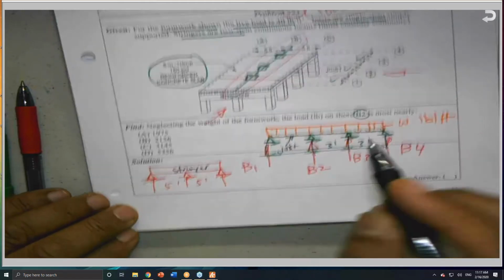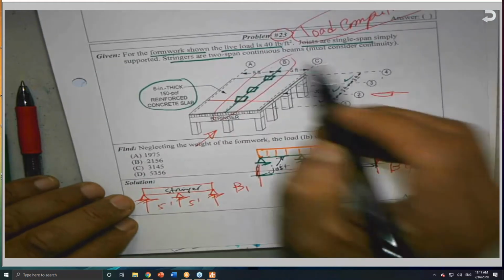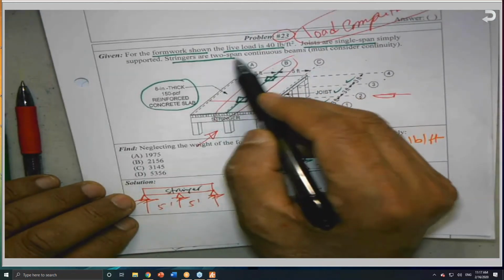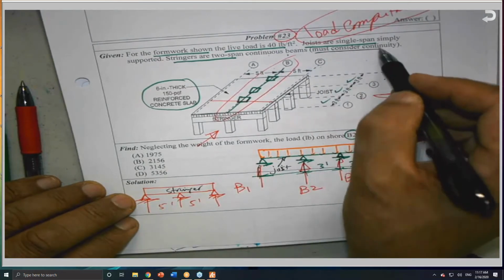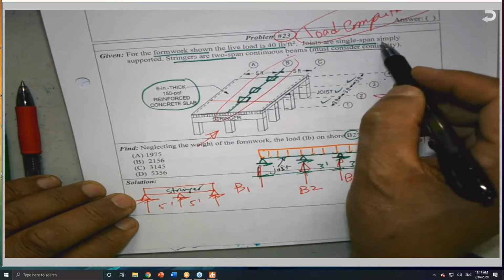And there is one keyword he mentioned here: stringers are 2-span continuous, must consider continuity. But when the joist is a single span, it is simply supported.